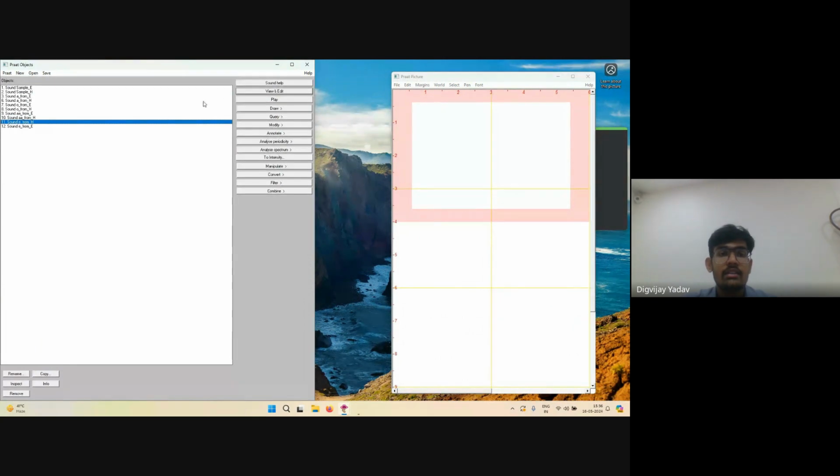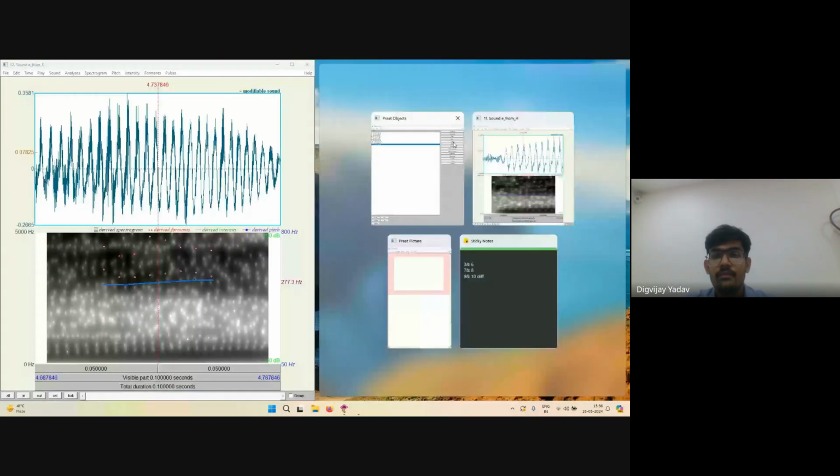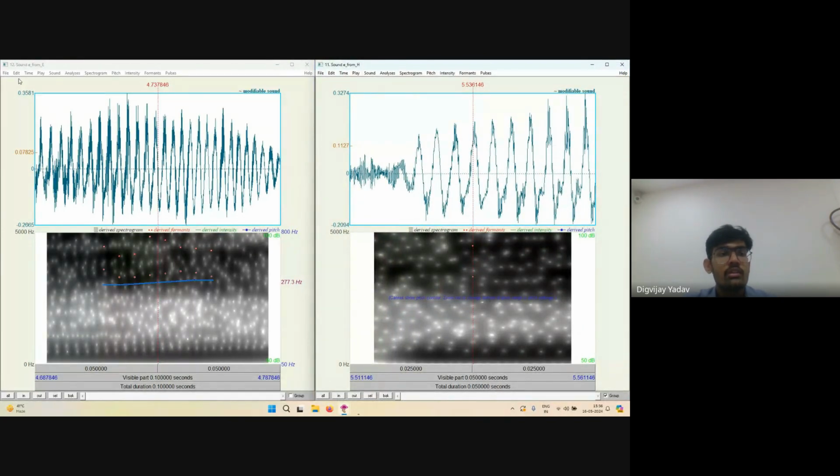We'll also be analyzing E sounds here. Here we can see the sound from E in English and the sound from E in Hindi. I think there is some technical issue.